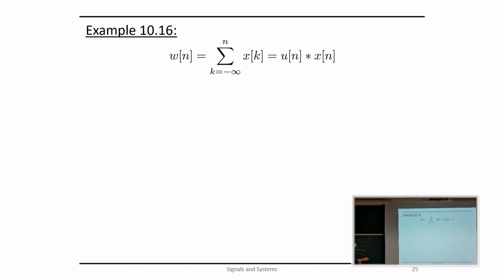This example is also similar. Suppose you take the convolution between a unit step function and x of n. Its z transform is just the product of their respective z transforms. For u of n, the z transform is 1 over 1 minus z inverse, by example 10.1, times X of z.